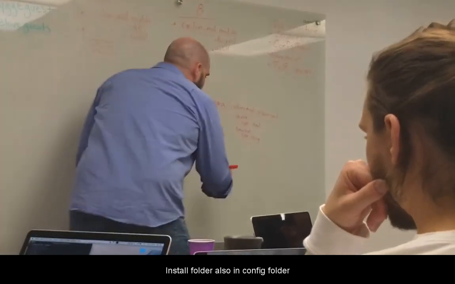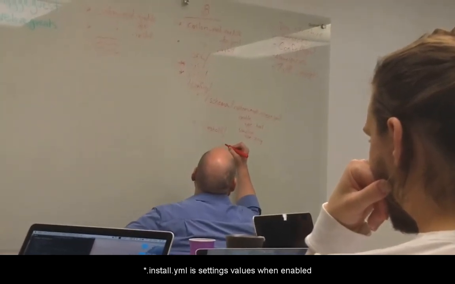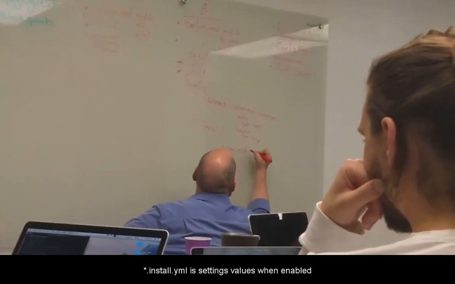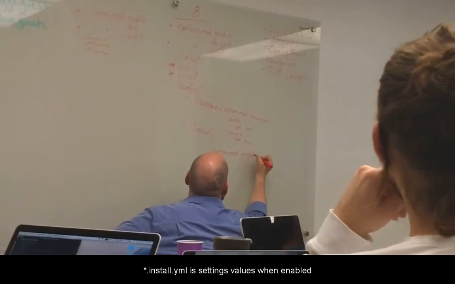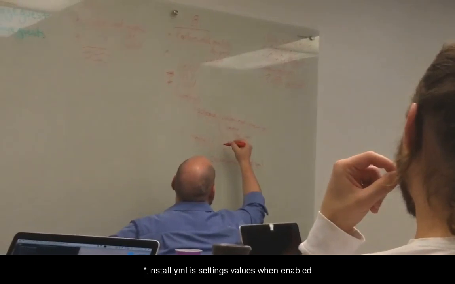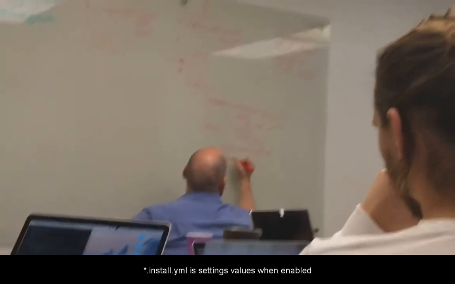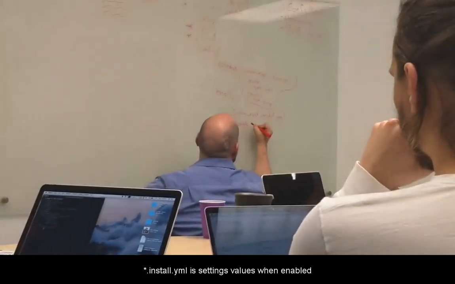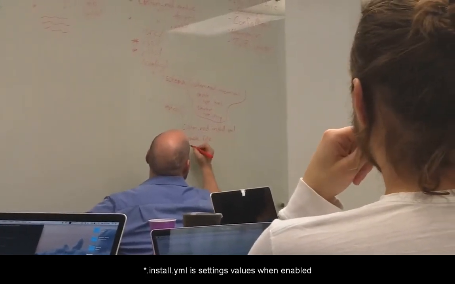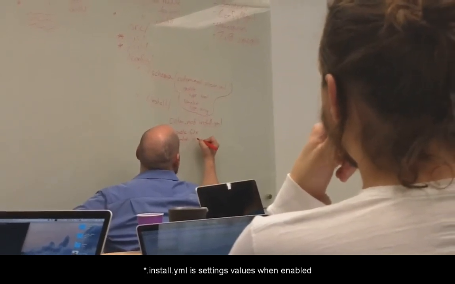This is another YAML file, and we're going to match it to this, but it's going to be called install, like custom_mod.install.yaml. Inside of this, I'm going to say that the enabled setting is false, and someText is Jonathan.